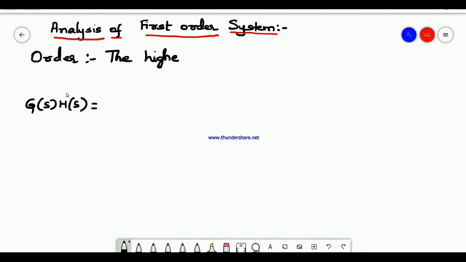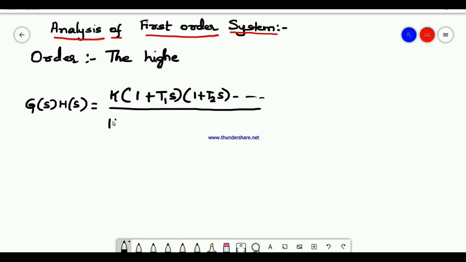To know the type of the system, we took G(s)H(s) equal to K(1 + T1s)(1 + T2s) and so on, divided by s^j (1 + Tas)(1 + Tbs) and so on.